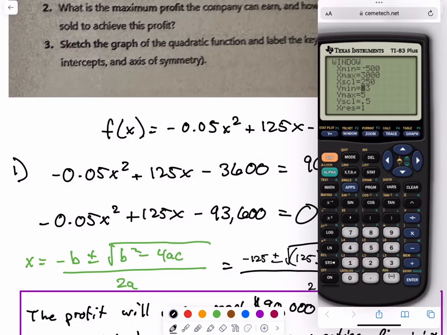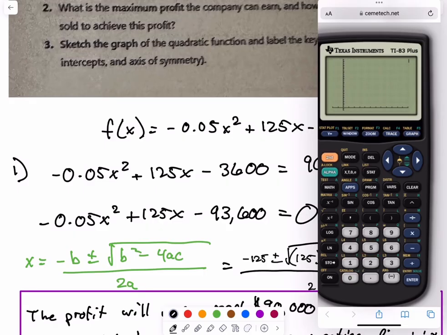The y minimum, let's go down to like negative 5,000. The max, we got like 74,000. Let's go up to like 90,000. The scale, let's go by 2,500 on the y-axis.